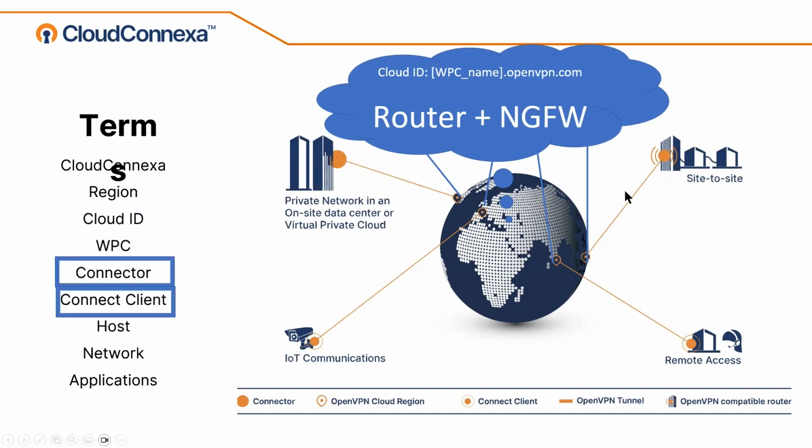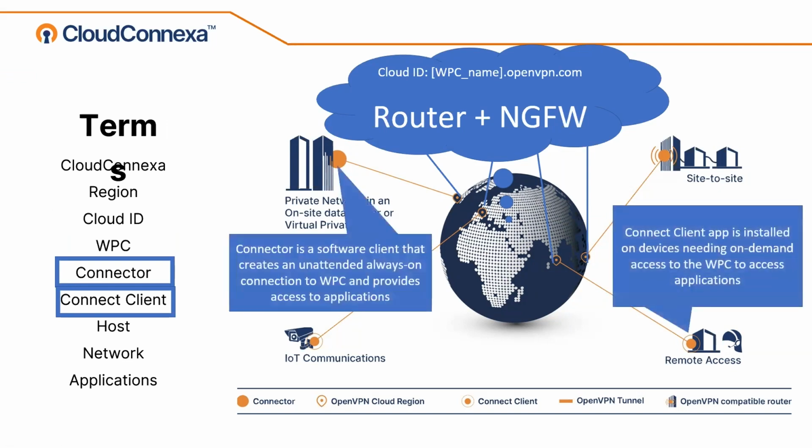So how do you connect your users, servers, and networks to these regions, or you can think of them as the ports, is by using clients. We have the Connect client that's available on all our desktop and smartphone operating systems.